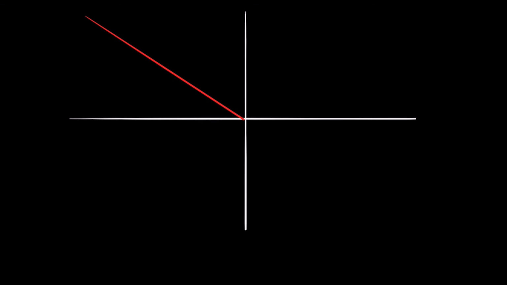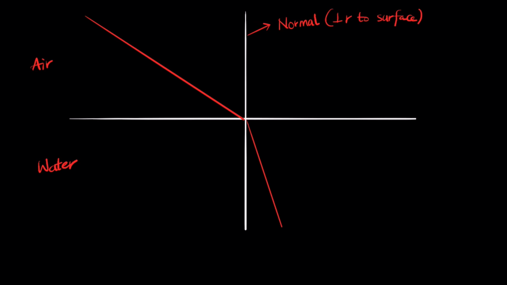When it is going from air into water, it tries to bend towards the normal. Remember this here represents the normal. Normal is basically a line that's perpendicular to the surface.